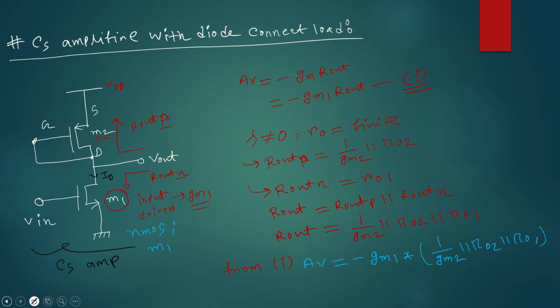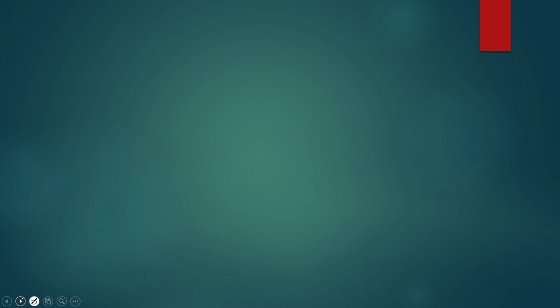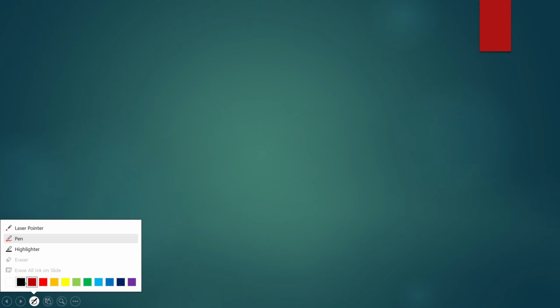And in this case, we considered our driver MOSFET as NMOS. But if you consider your driver MOSFET to be PMOS, now what will happen? So you consider a PMOS, this is your M2, and this is your VDD.